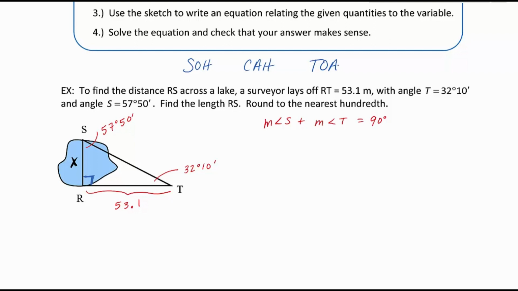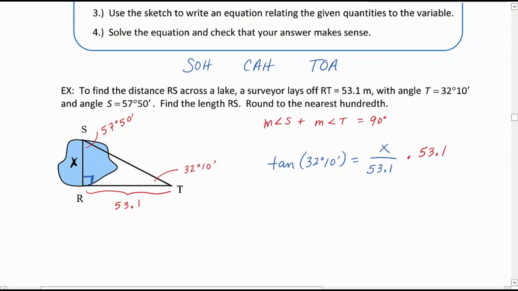Opposite and adjacent, that is our tangent function. So we can say that tangent of 32 degrees 10 minutes is equal to our opposite side, x, over our adjacent side, 53.1. And now we solve for x.